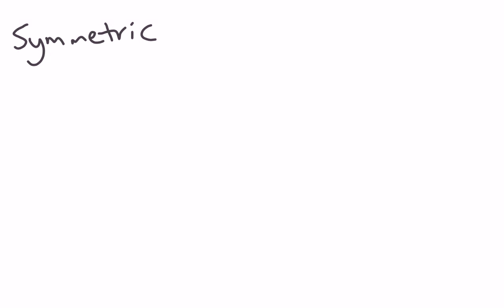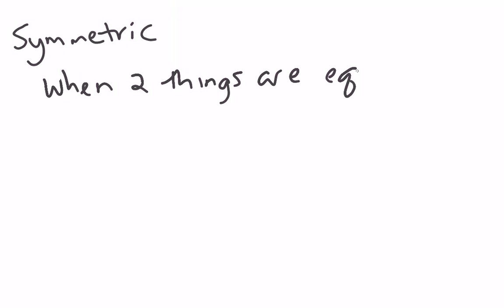So S is 2. We can switch basically the sides of the equals or the congruent symbol. So when two things are equal, you can reverse the sides.